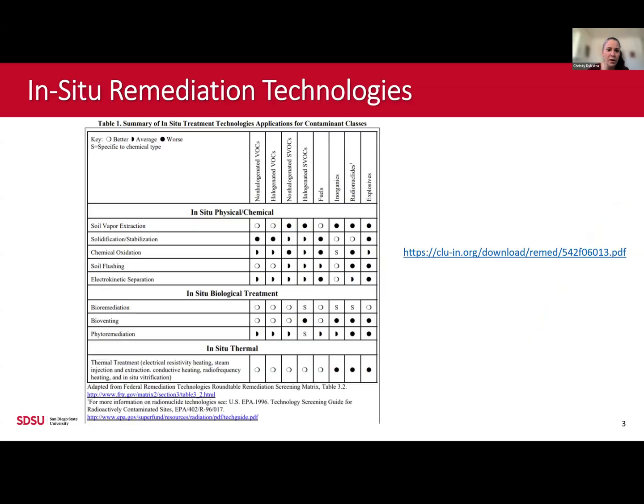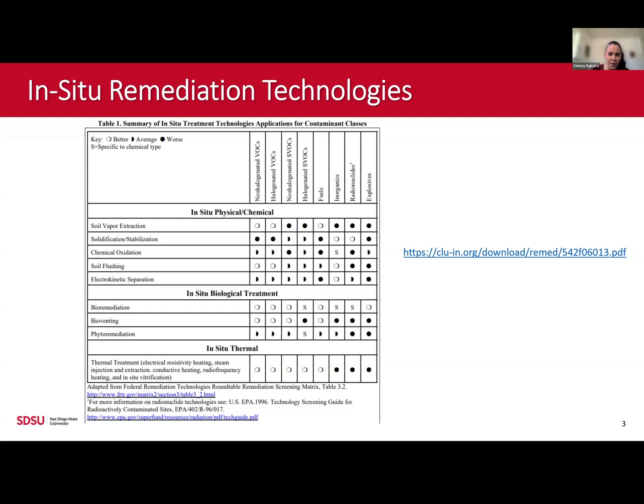All right, so here's a good overview of which treatment technologies are in situ and which ones of these can be used for different types of contaminants. And this might be useful for your project, for example. But one of the things that I want to point out here is they have these little dots. Each of these dots, if it's a completely filled in dot, then that means that it's not a really good option.